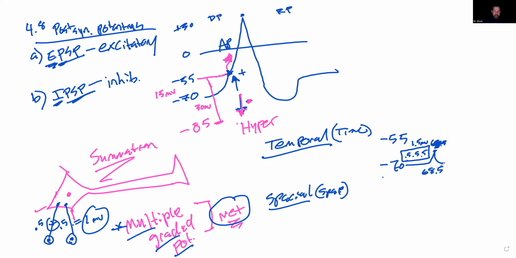Going back to the statement that I made, we have a series of small graded potentials that individually, right, 0.5, do not generate an action potential because we did not get to the negative 55 up here. We only got to negative 68.5. They do not generate a threshold potential. So that's what we explained here.